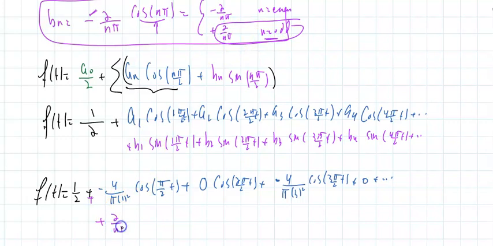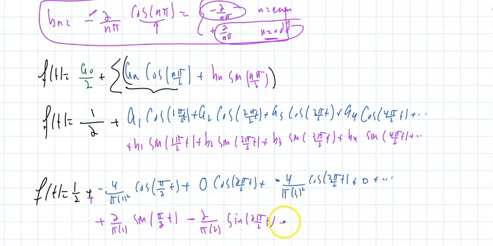That is 2 over n, that's 2 over pi times 1, the sine of 1 pi over 2t, minus 2 over pi times 2, the sine of 2 pi over 2t, odd 3, plus 2 over pi times 3, because that's what n is, the sine of 3 pi over 2t, and maybe one more, minus, because that's even, 2 over pi times 4, the sine of 4 pi over 2t, and the list goes on.